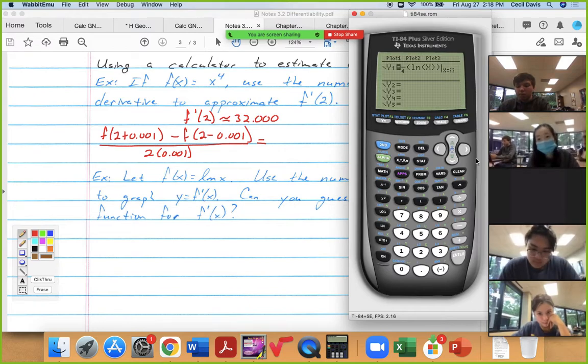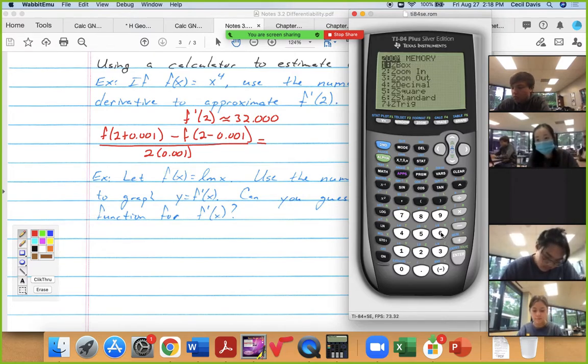Where do we want to evaluate? We don't want to evaluate it at just one point. We want to evaluate it at a whole bunch of points. So what we're going to do is tell it to evaluate at x equals x. In other words, wherever it is horizontally, we want it to use that x value to approximate the derivative. And we'll go back to a zoom standard.